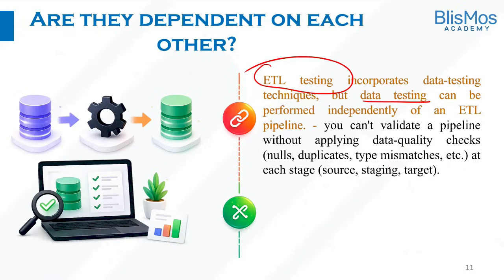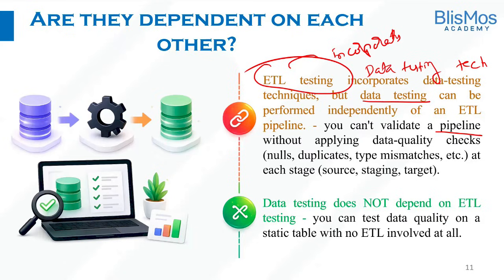If you are validating the ETL pipeline, then we inevitably need to check things like null values, duplicate records, data types, and accuracy checks at different stages. So we can say ETL testing incorporates data testing techniques. But the reverse is not necessarily true.